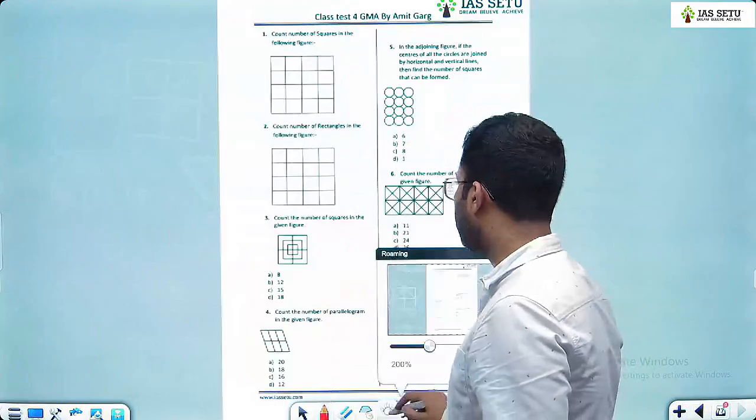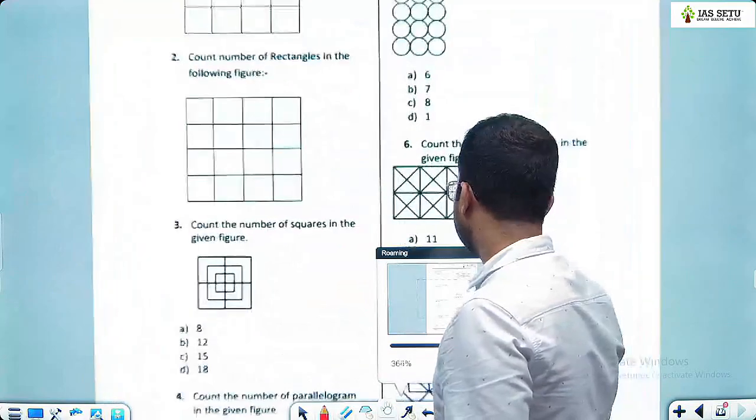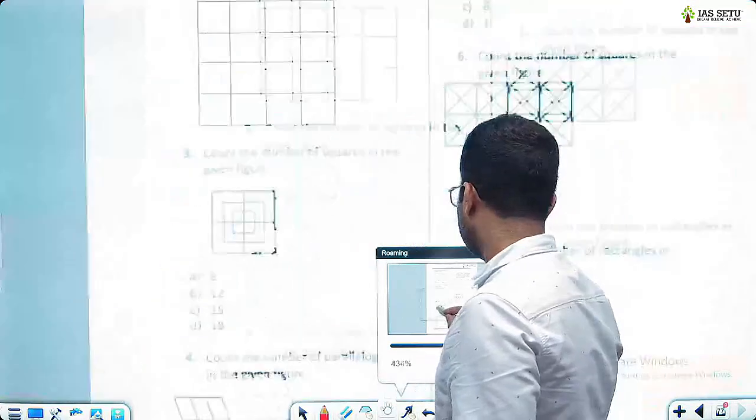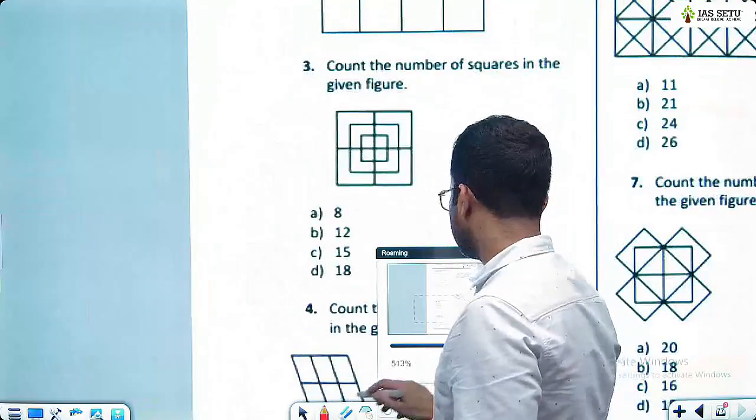In question number 3 they ask count the number of square in the given figure. Acha, I give you a homework for this.